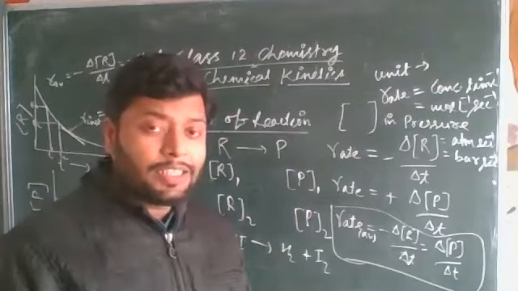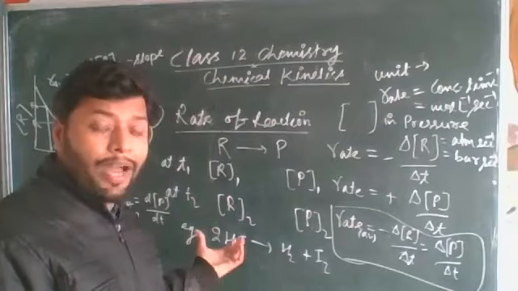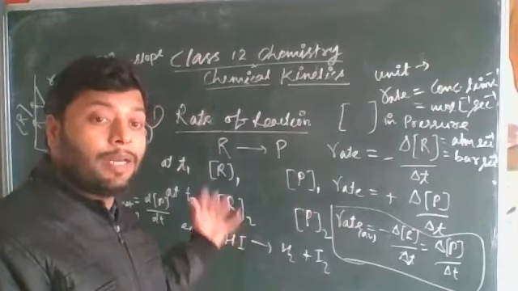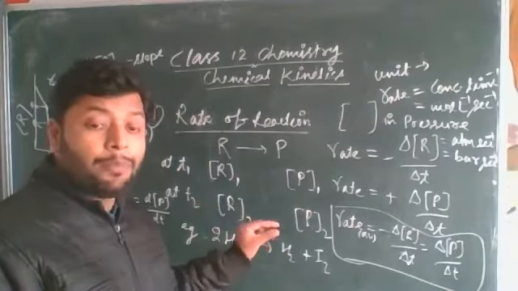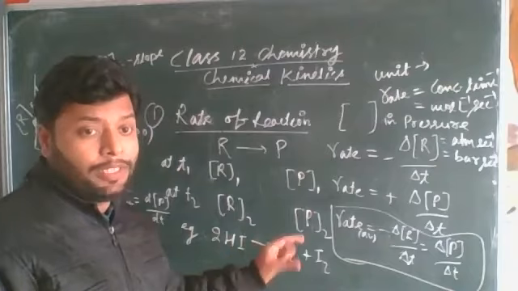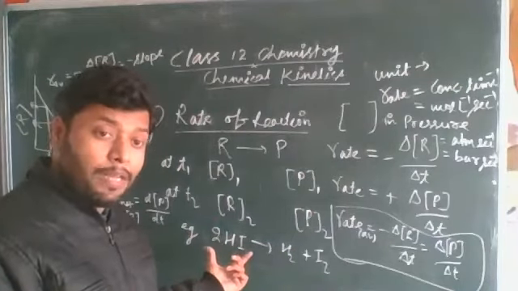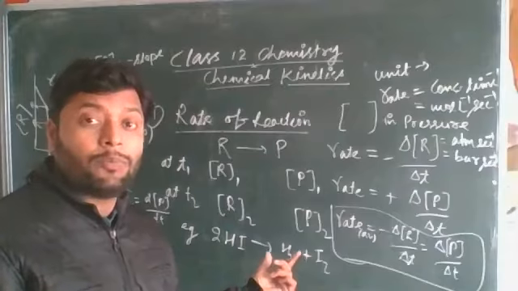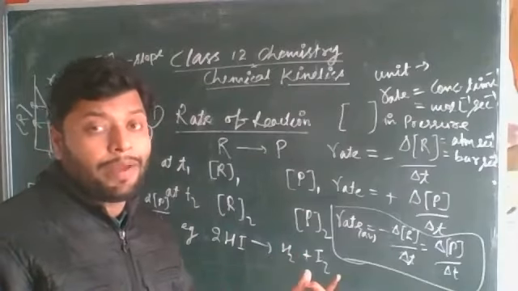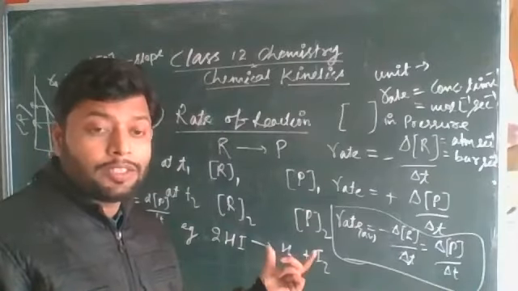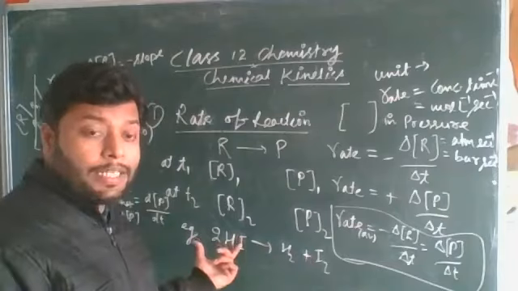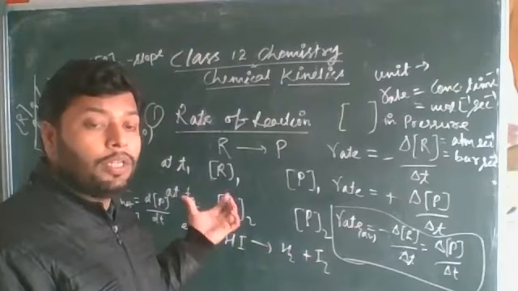It means the consumption of hydrogen iodide is double the rate of the production of hydrogen or iodine. Because 2 moles are consumed in the same time in which 1 mole of hydrogen or 1 mole of iodine is produced. So the production of 1 mole of these two indicates the consumption of 2 moles.